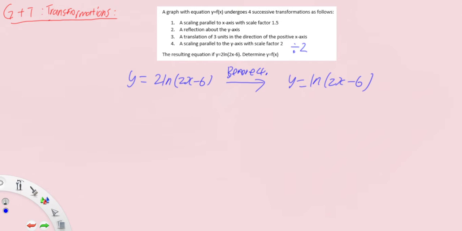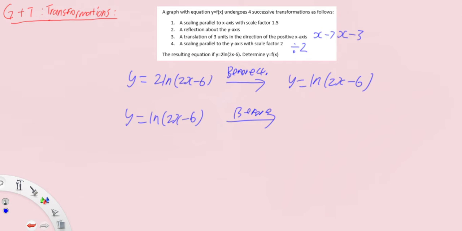So that's one way to think of it, but because you're doing y equals f(x), I like to do it this way around. A translation of 3 units in the positive x direction. Alright, direction of the positive x-axis has the same meaning. So before step 3, 3 units in the positive x-axis means that you have x becoming x minus 3.